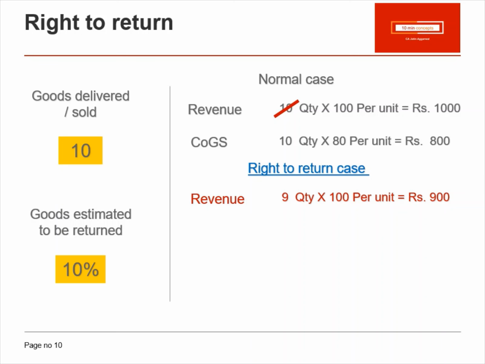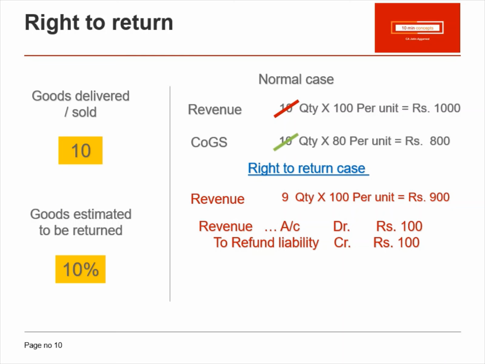So my incremental journal entry to reduce this revenue of rupees 100 will be revenue account debit, which is 100, to a refund liability account credited, which is rupees 100. Through this entry, we have actually reduced our revenue and recorded my refund liability, right?